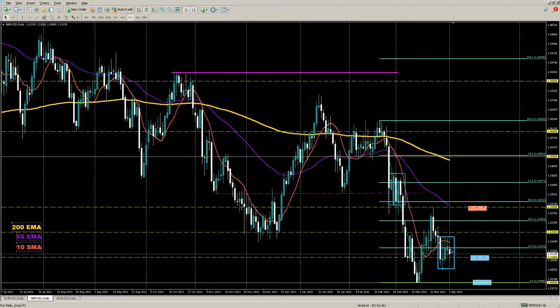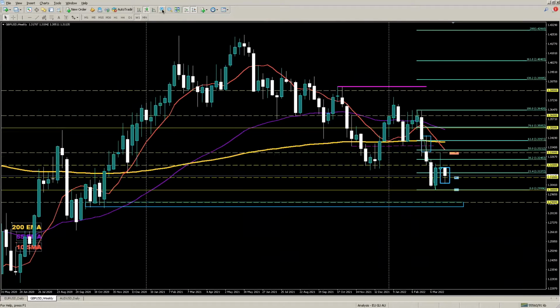So it didn't really move the needle here. Let's take a look on the weekly time frame. And yes, for the week, it's just retrace lower after the spinning top of the previous week. So let's see if there's any breakout for this coming week.